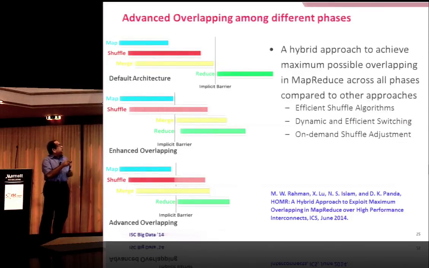So here it shows, if you take the default Hadoop architecture, you will see that these phases don't get overlapped. These three phases get overlapped, but they don't get overlapped with the reduce phase.